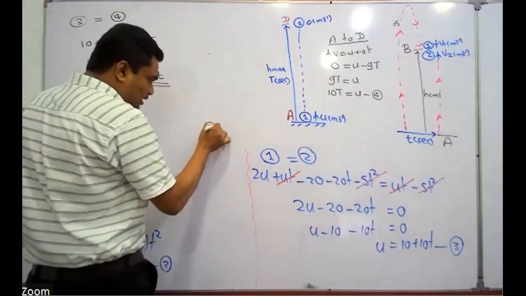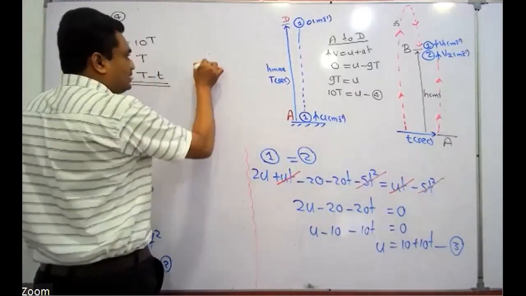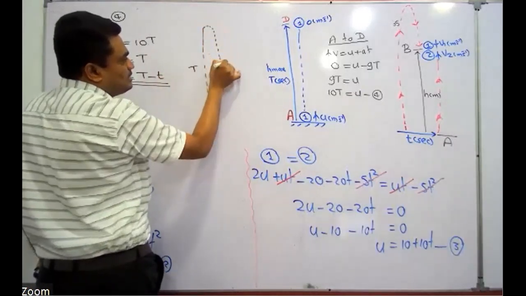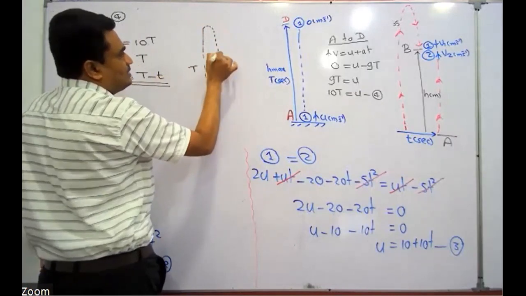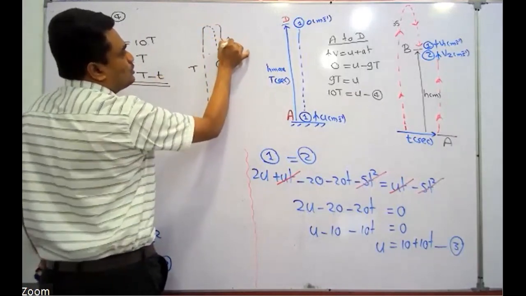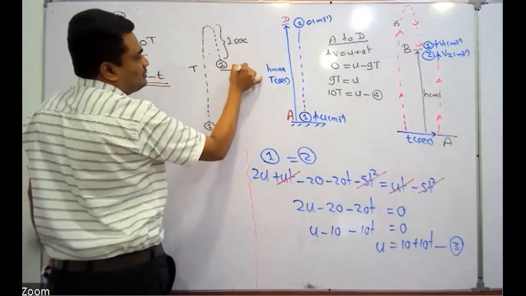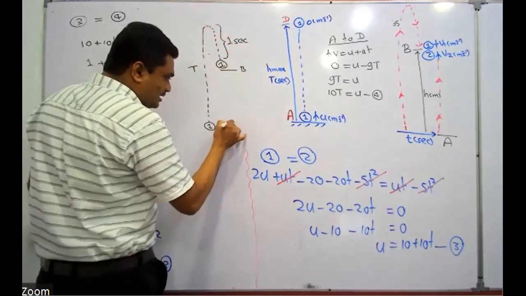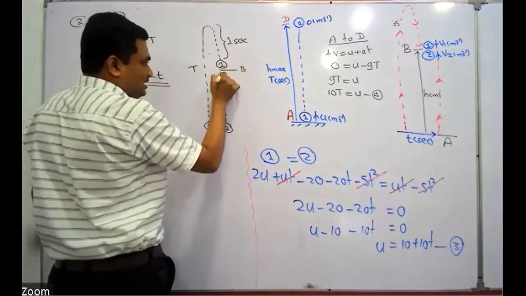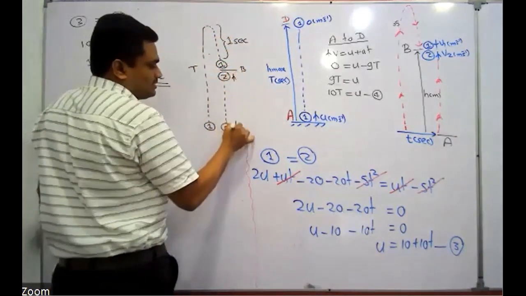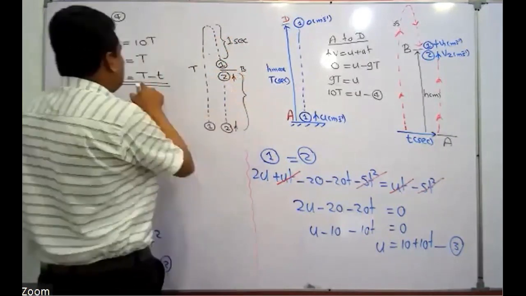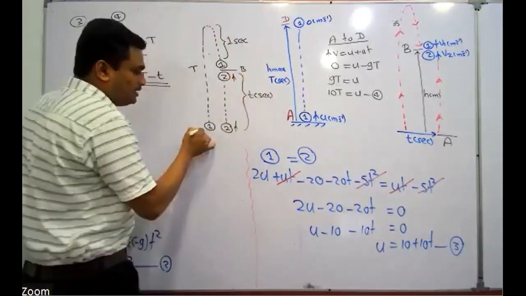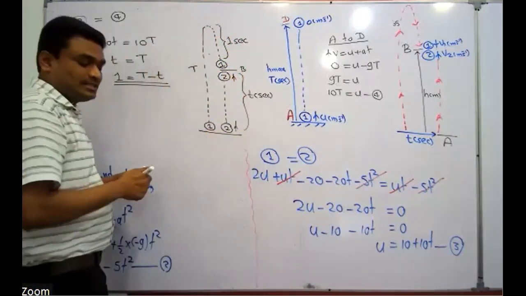Look at the board, the first object travels to the maximum height within capital T. Just after 1 second, it reaches B. And at that time, the second object reaches B within simple t seconds. This is the meaning of T minus t is 1 second. I don't know whether you can understand. This is the story.